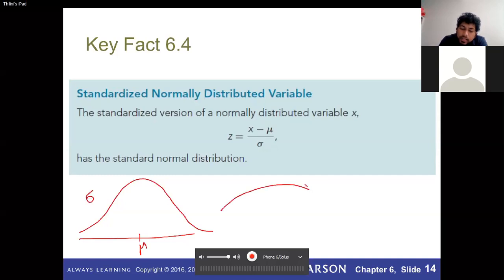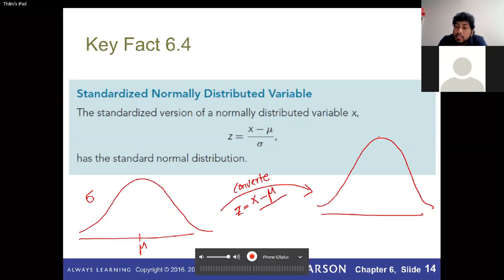You can convert your normally distributed variable into a standard normal distribution using this formula: z equals x minus mu, where x means each possible outcome, divided by sigma, so that everything looks like this: mu equals 0 and sigma equals 1. You can convert like this.